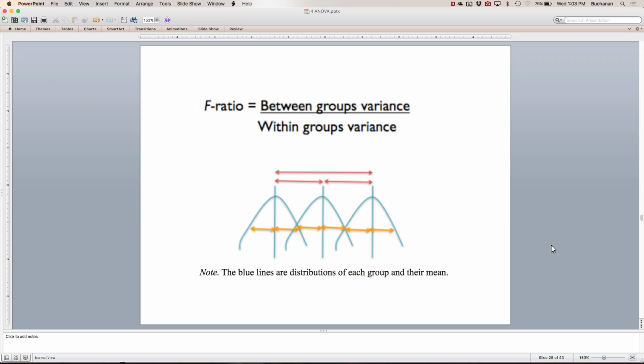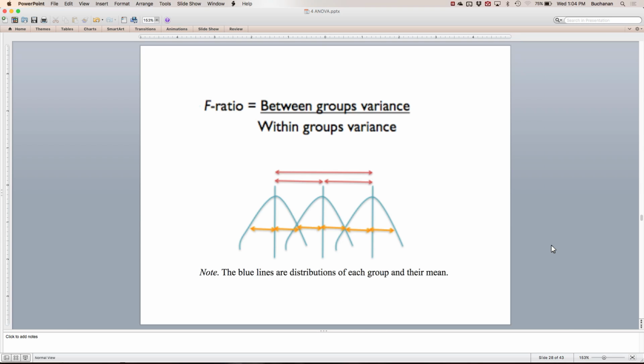Each little line is their mean. So let's say I have 3 groups of people, and I'm trying to figure out if they're different from each other for whatever reason. What I'm doing is testing if their means are different from each other. And that's what these red lines are supposed to tell you.